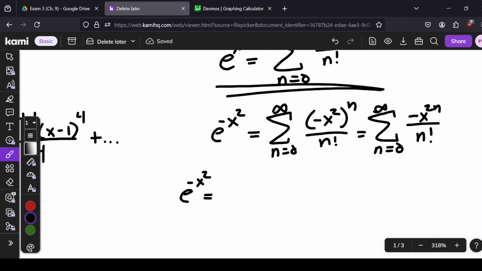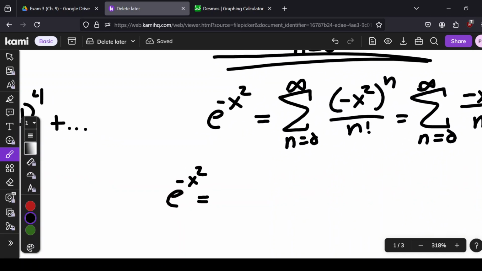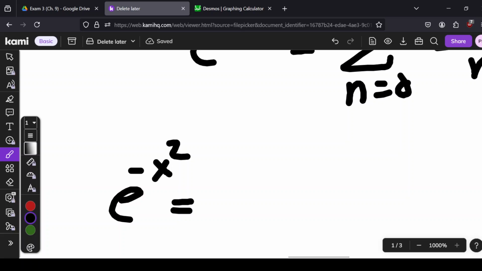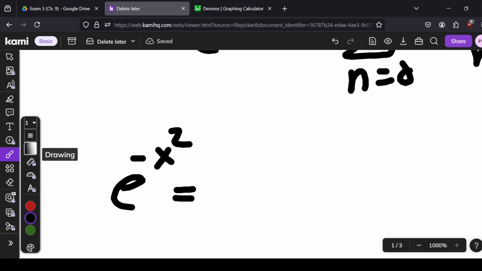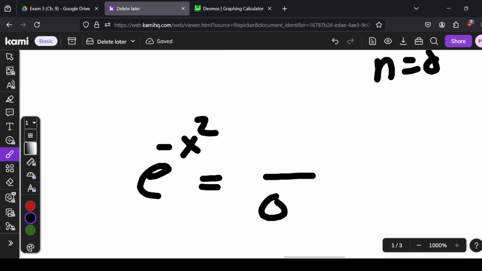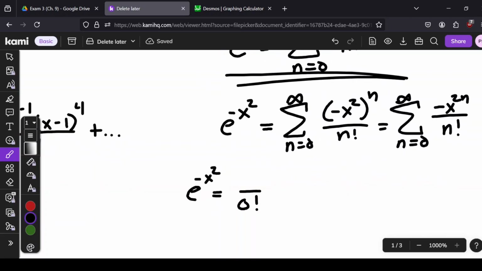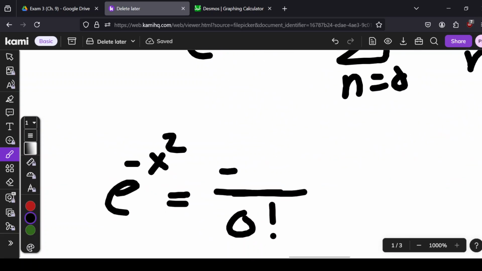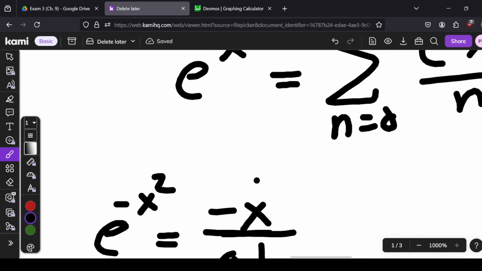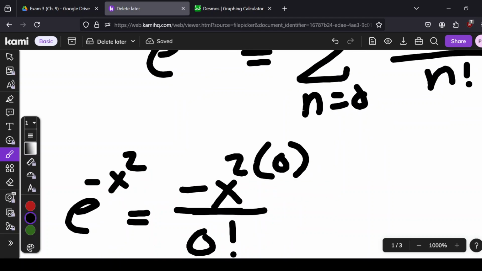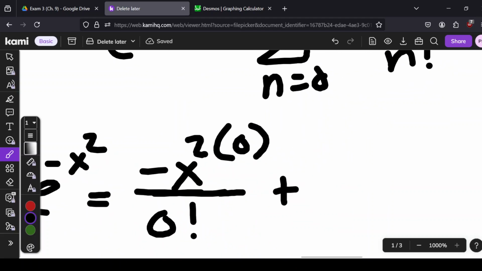We got, starting from 0, we'll write this non-simplified. Negative x to the 2 0 plus.